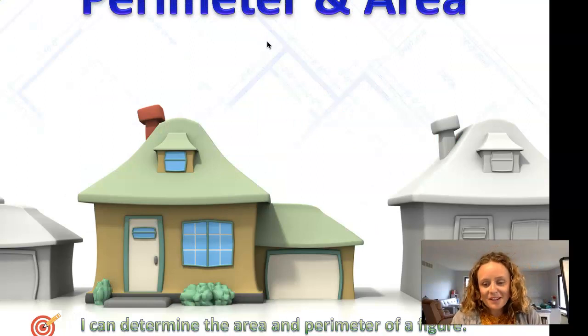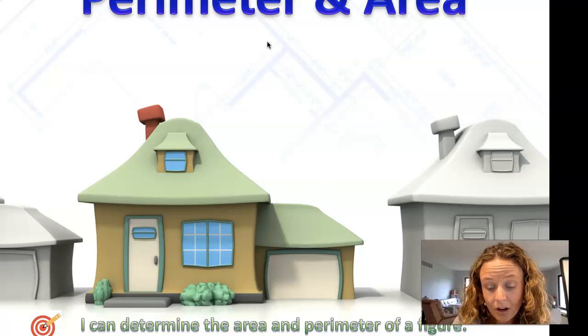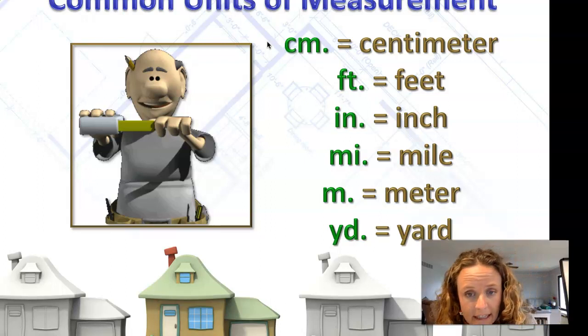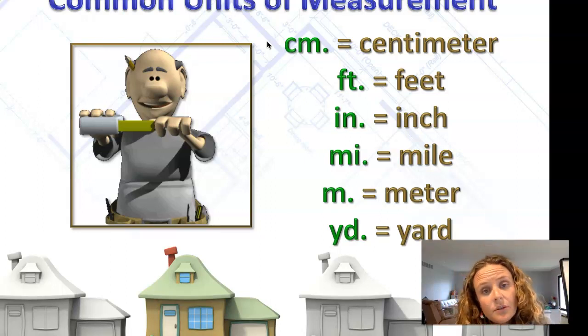Okay, area and perimeter. Our learning target is I can determine the area and perimeter of a figure. A figure is just a shape or some sort of space where we're trying to do calculations for it. Common units of measurement. We know in the United States, we most frequently use the U.S. customary system for measurement.